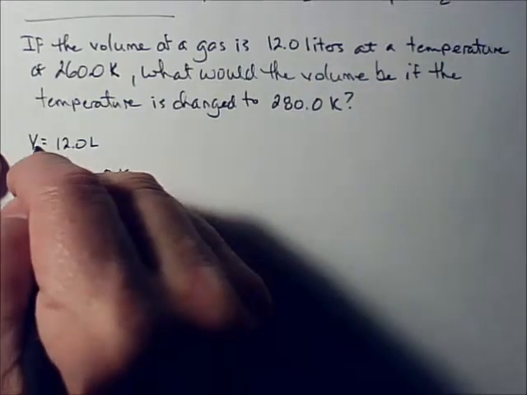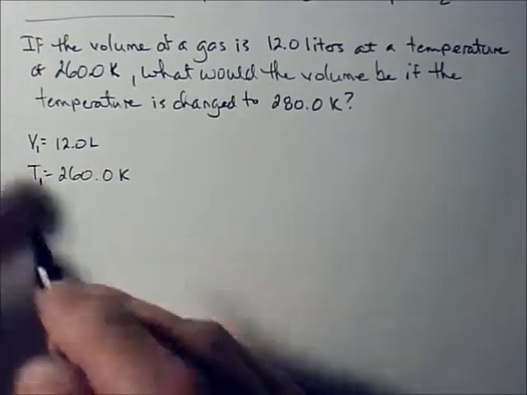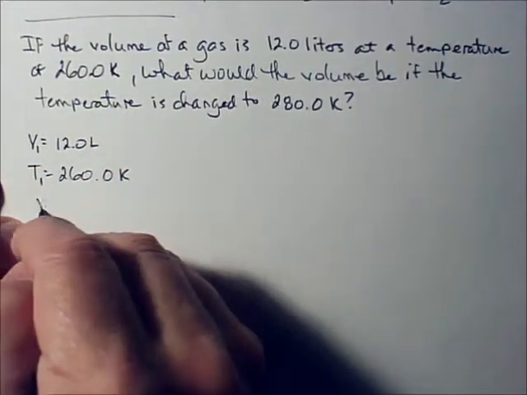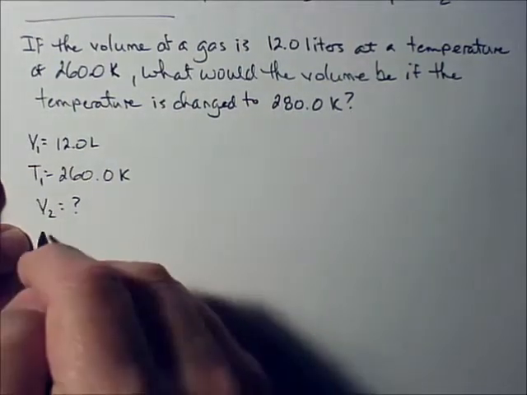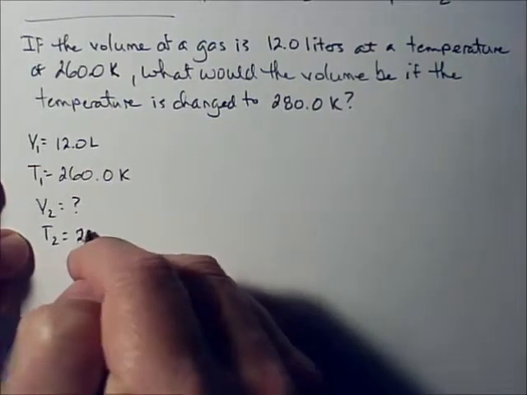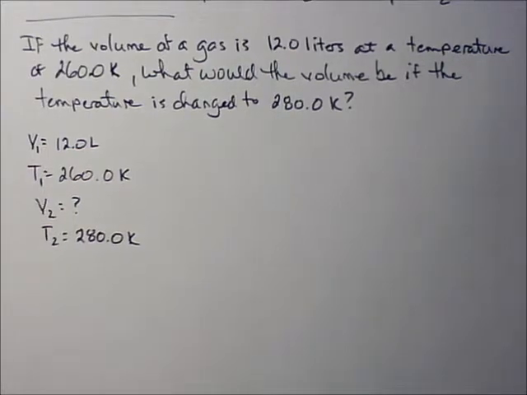That means this first temperature and volume, we need to label differently. We don't need two V's with nothing to show them to be different. The new volume, we don't know, so I'm going to put a question mark here. And the second temperature, we know to be 280.0 K.